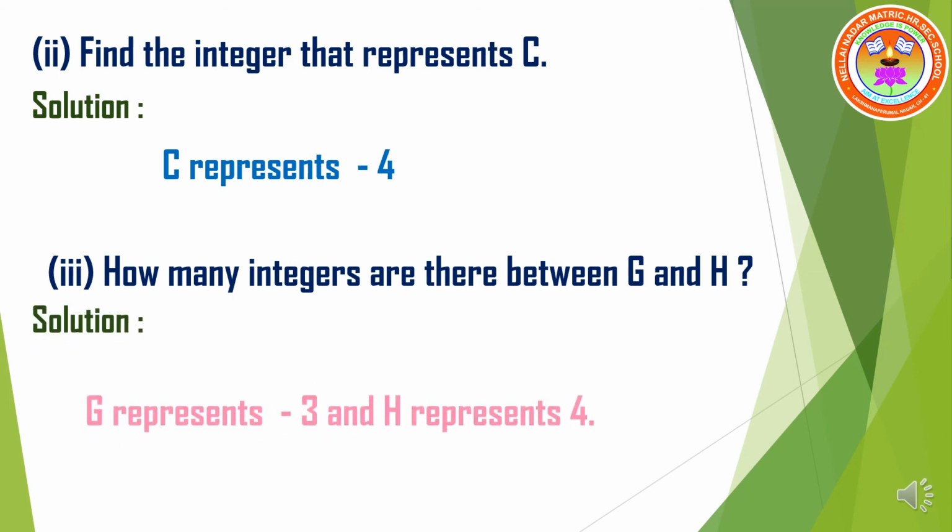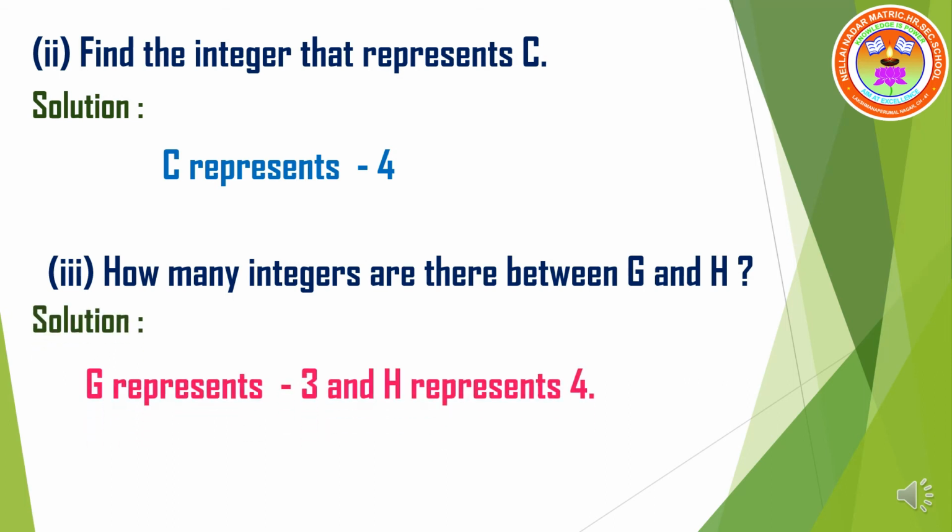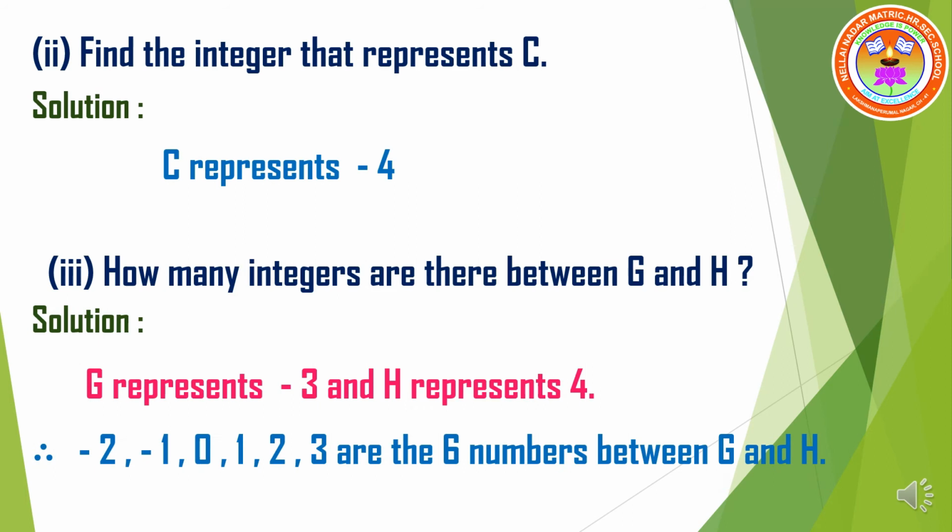By looking at the number line, we say that G represents -3 and H represents 4. So what are the integers in between these two? -2, -1, 0, 1, 2, 3 are the 6 numbers between G and H. Okay, children?